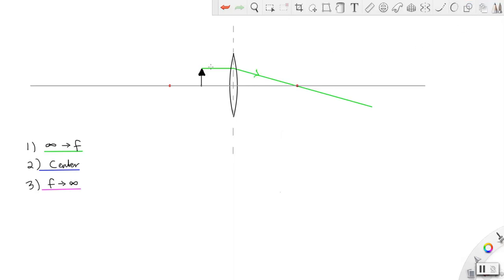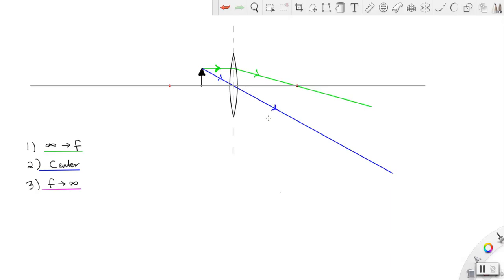And we can draw our arrows to make sure we're clear about direction of the physical direction of ray travel there. Let's move on to the center ray. Center ray is also not too bad. So we go directly from the tip of the object through the center. And again, make sure to indicate directionality there.